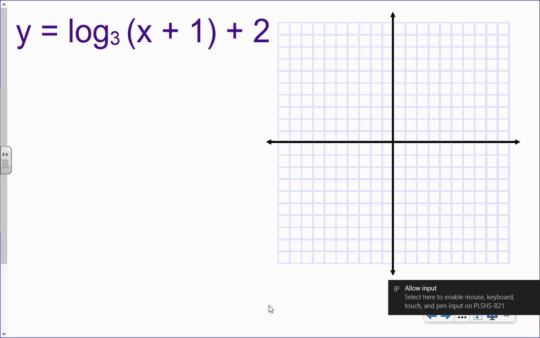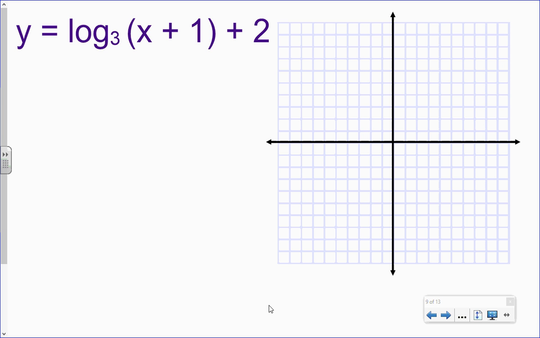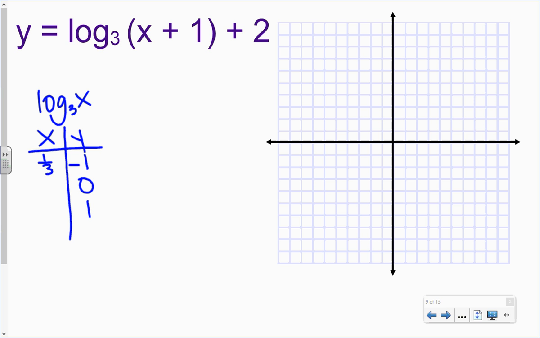Just like with any other graph, I want you to think of the parent function first. So take away any shifts, stretches, reflections, anything like that, and our parent function is just log base 3 of x. That is what we graphed before on the previous slide, but I will remind you, I want you to plug in negative 1, 0, 1 to the y column, and then your x column becomes 1 over a, 1, a.